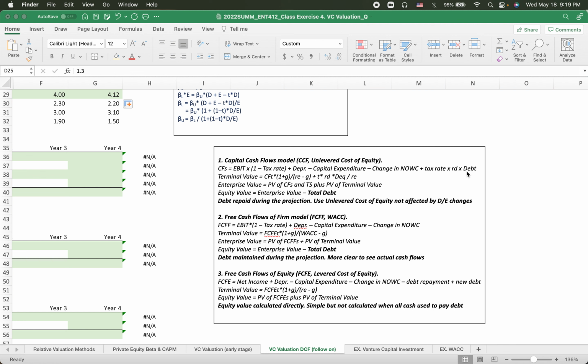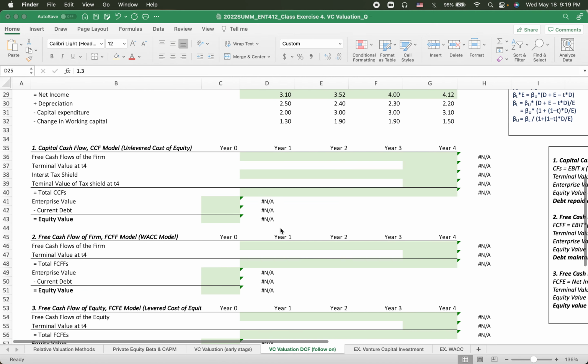Who benefits from that interest tax shield? The equity holders. That's why this cash flow model is viewed as if 100% equity financing, and 100% equity financing needs only the unlevered cost of equity because there's no debt assumed.